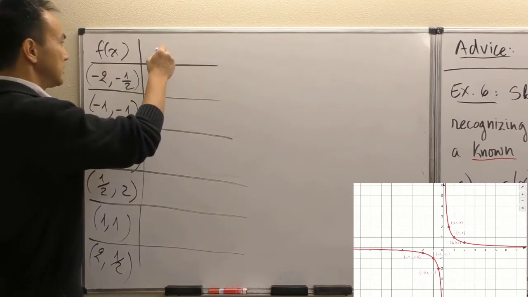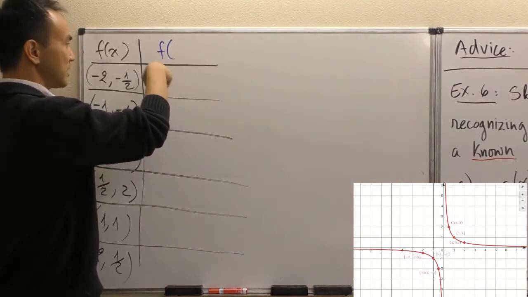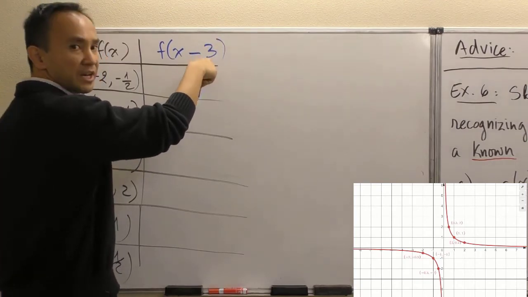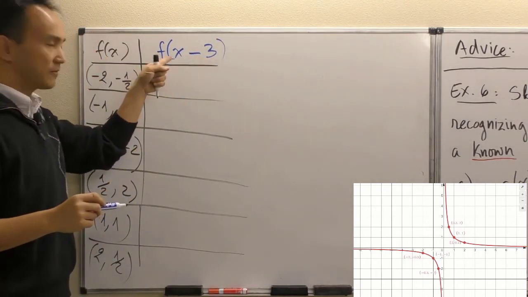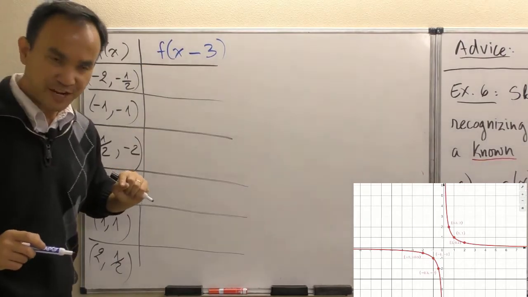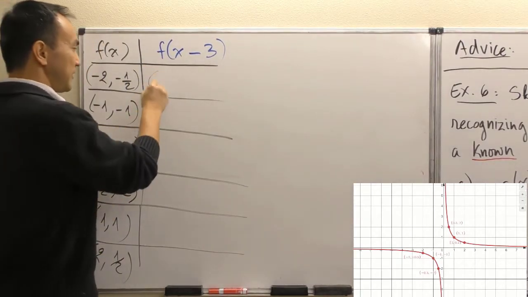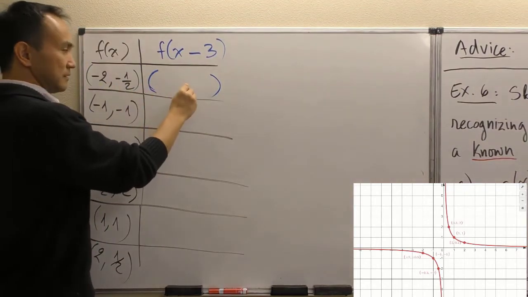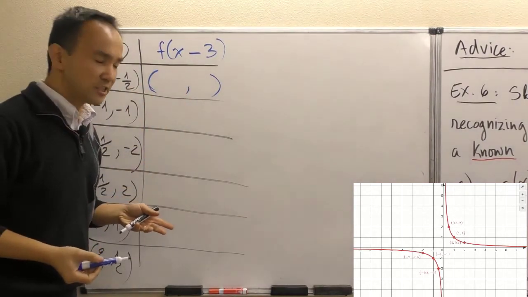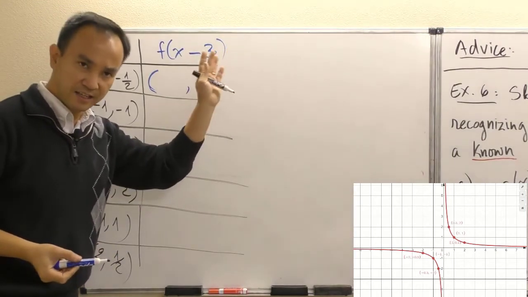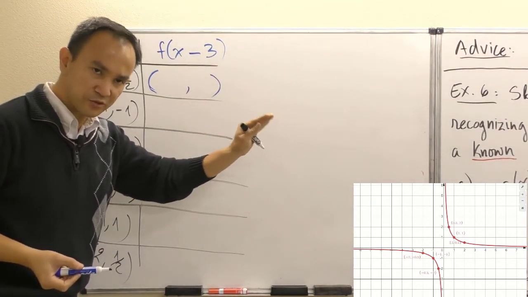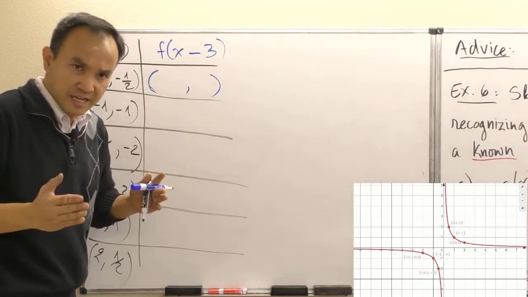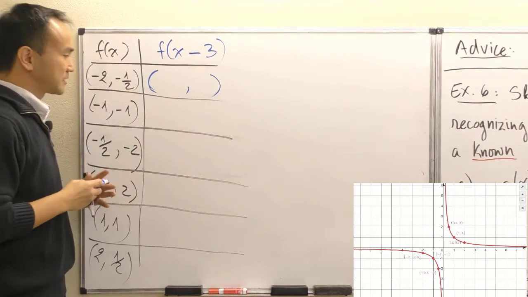And so now, in the version where the parent function is shifted by 3 units to the right hand side, the version that's f of x minus 3, on that updated version, for the first pair of values, every y value stays the same, because for this kind of elementary transformation, nothing is done with the y value. Everything is done on the x values.